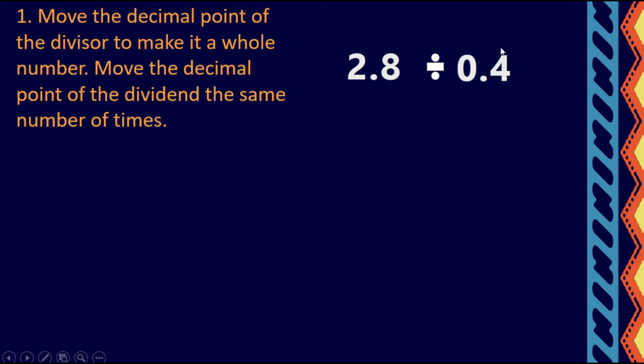To make it a whole number, you will move it once. So when you put the decimal point, 4 is already a whole number. Then move the decimal point of the dividend the same number of times. You move this once, so you will also move this once.